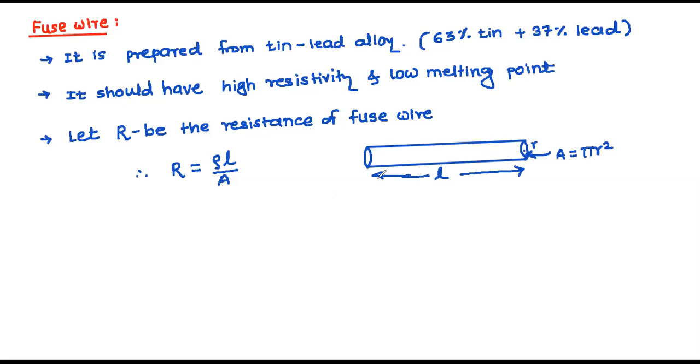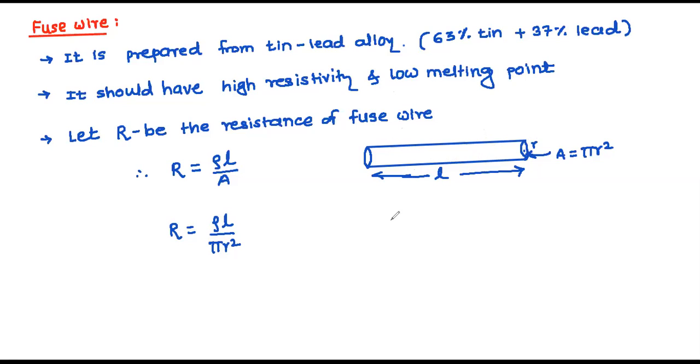Got it? So can I replace here R is equal to rho L by pi r square? This is what I got, the resistance of the fuse wire, where L is the length of the fuse wire, and r is the radius of that cross section.